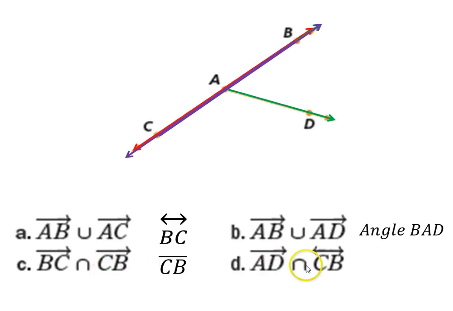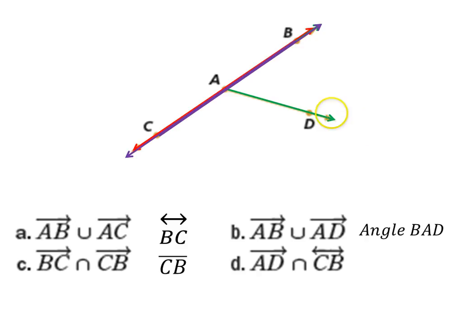And then the last one, we have the intersection of ray AD and line CB. Well, line CB is this one here, kind of this whole purple or the red. This is line CB. And then ray AD is the green one, the green ray. Where do these 2 things intersect? What do they have in common?